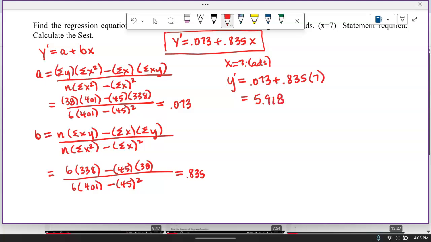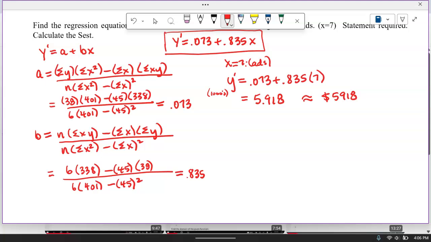5.918. Now, that's okay for the calculation, and if I need it in any type of equation later, hint, hint, this is what I'm going to use. But when I want to talk about it, I know that y is actually sales in thousands of dollars, so I can actually translate it to 5,918 to write my final statement. Not all data is abbreviated this way, but this one was.